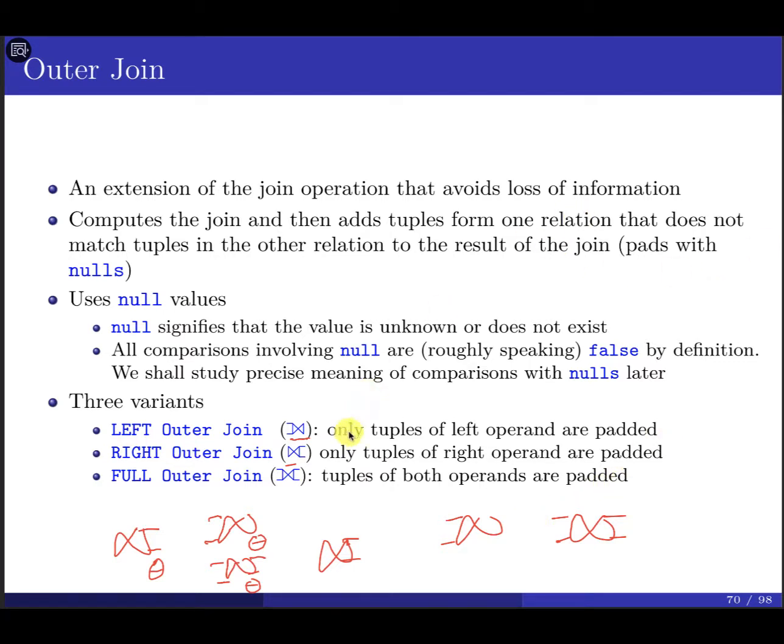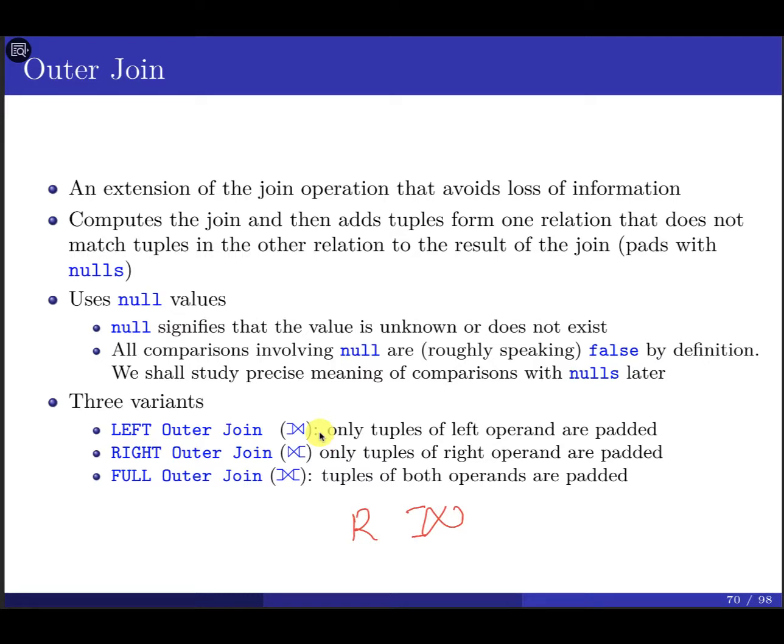So let's take a look here. With the left outer join, in this case, you generate all the combinations of the tuples in the relations R and S. Let's go over this example. This is R left outer join S. It means I'm generating all the combinations of tuples in relations R and S that are equal on their shared attribute, because this is a natural join.